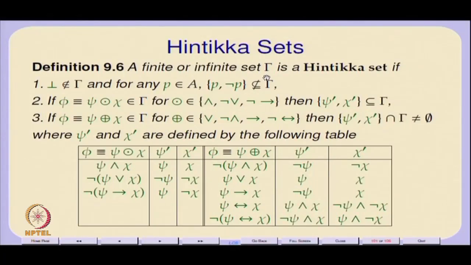what I can do, okay, let me start with some set delta. If all the formulas in that set delta are satisfiable, then I can saturate that set by closing it under these conditions. These are the Hintikka conditions. Firstly, if it is satisfiable, then it cannot have bottom in it, and it cannot have a complementary pair in it, right.